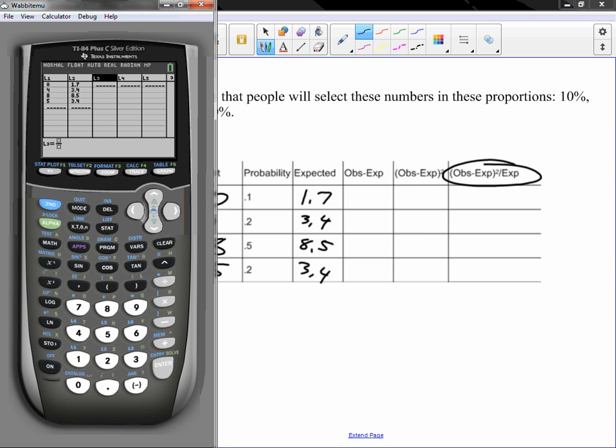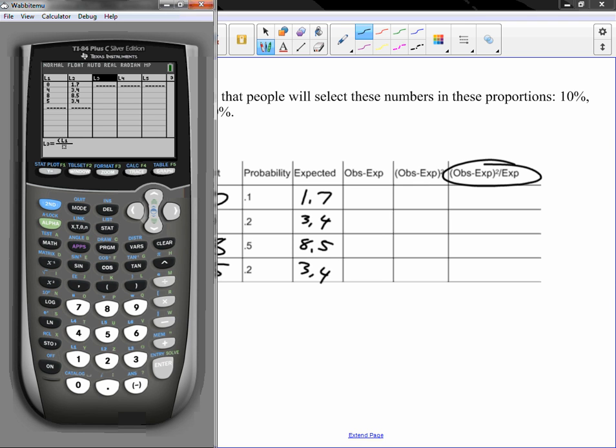So for this one right here, on the top part of my fraction, I'm going to open a parentheses, and I want my observed value. That's in L1. So second, 1, and you can see the blue L1 over that. So it'll just put L1 in here. And I'm creating a formula. Make sure that you have the L3 all the way at the top highlighted like I do right now, and you can create a formula there that it'll work out for you.